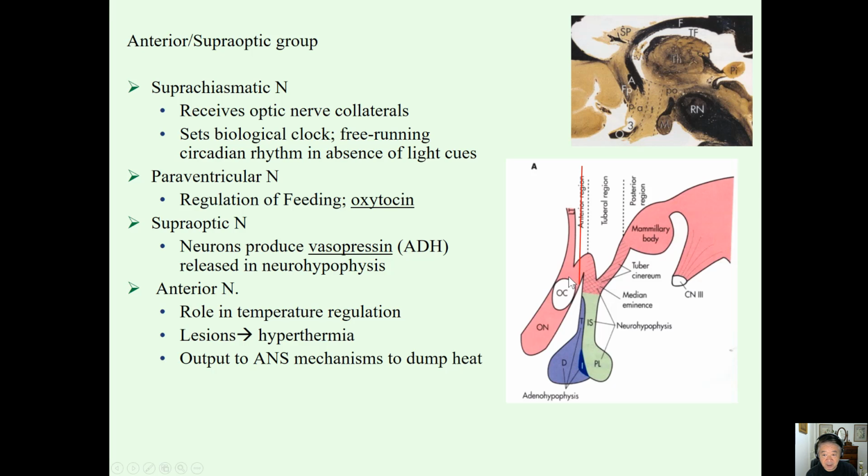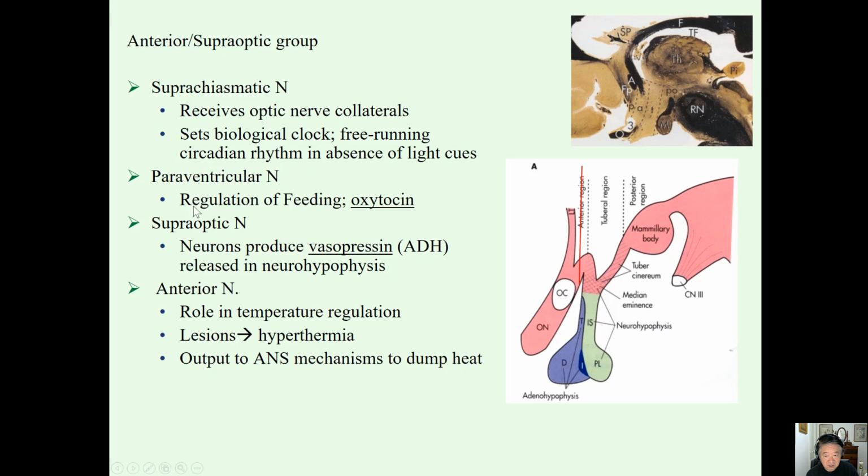Because it's right above your optic chiasma, it's also called the supraoptic group. We introduce 4 nuclei. The suprachiasmatic nucleus is for circadian rhythm control.